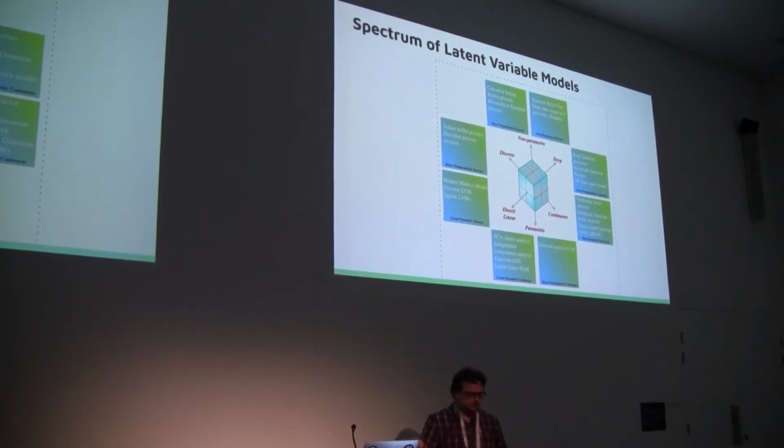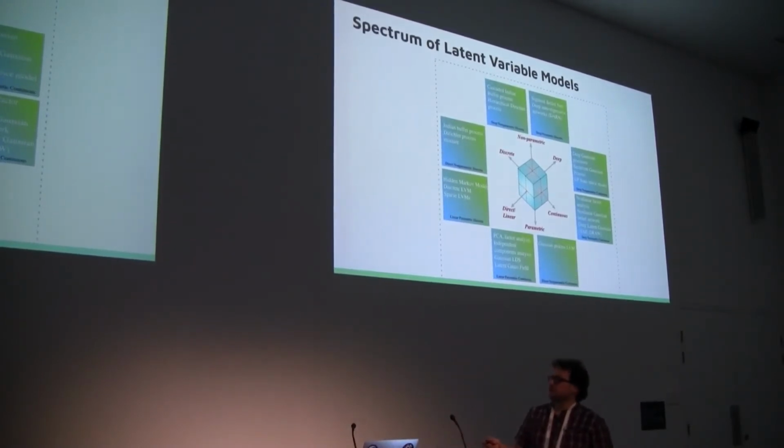Now similarly, for latent variable models there is a vast amount of literature on training them, and again we are going to focus on a very small corner of this diagram of models that people have been considering through history.